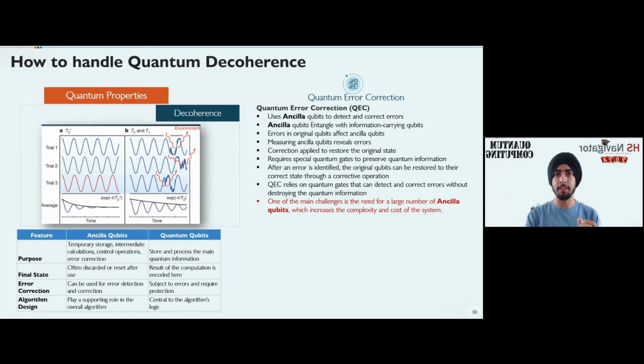But obviously, if for every qubit we need an ancilla qubit, or maybe we need more than one ancilla qubit as well, one of the challenges that arises is that we want more information-carrying qubits in the system. We want more actual useful qubits in the system. But if for each one of those useful qubits we need 1 or 2 ancilla qubits, the cost and the scale goes exponentially up as we try to increase the amount of qubits. And also the complexity of the system as well.